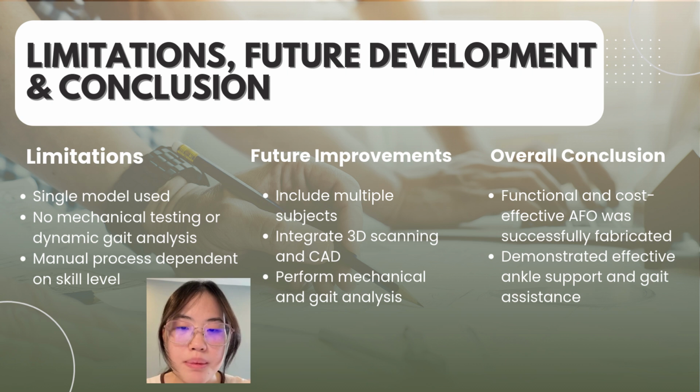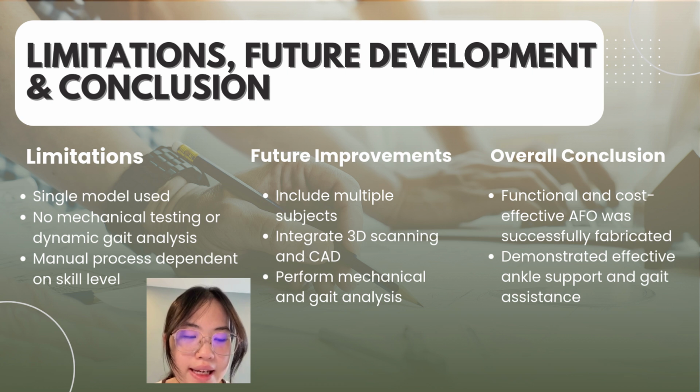There are several limitations in this project. Only one model was used and no mechanical testing or dynamic gait analysis was performed. For future improvement, multiple subjects, 3D scanning, and gait analysis can be included. Overall, a functional and cost-effective AFO was successfully fabricated and demonstrated effective ankle support and gait assistance.